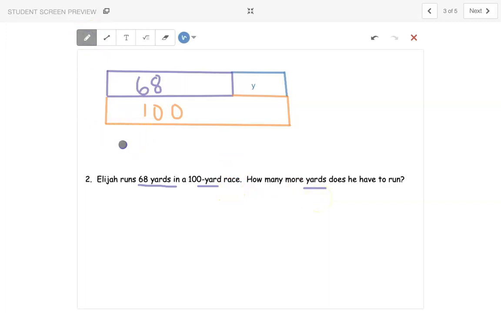So we're going to take 100 minus the 68 he's already run. That will be how many more yards he has to run, which will be 32. So I'm going to put that up there in my tape diagram.